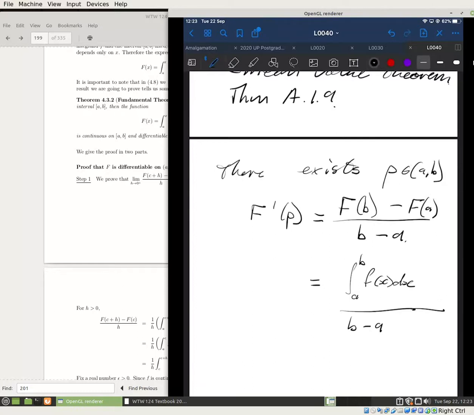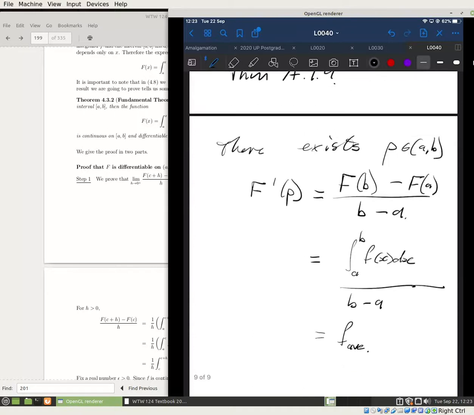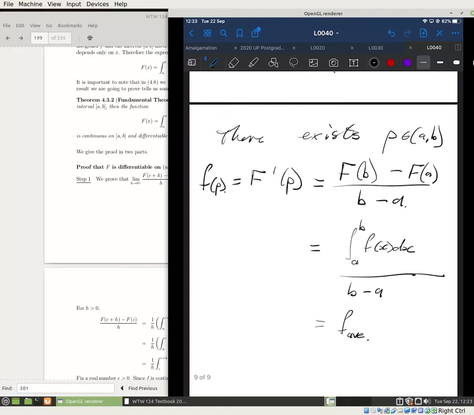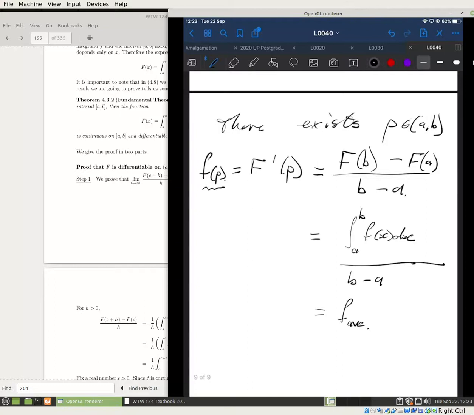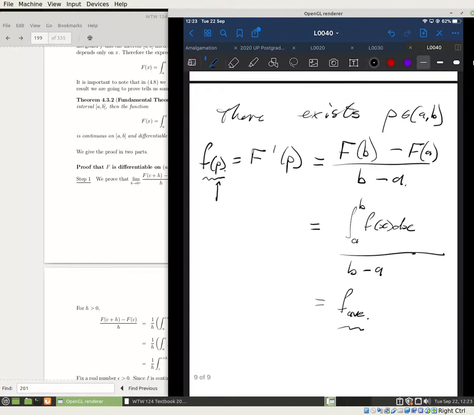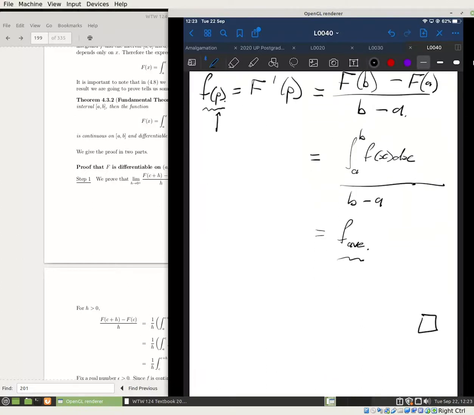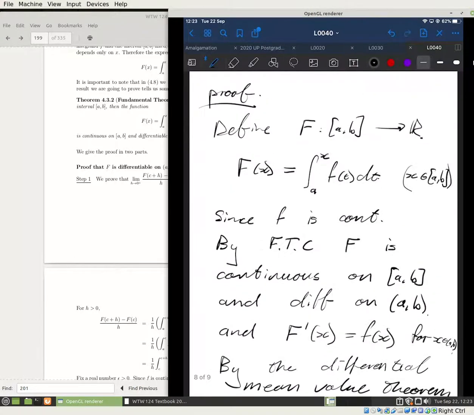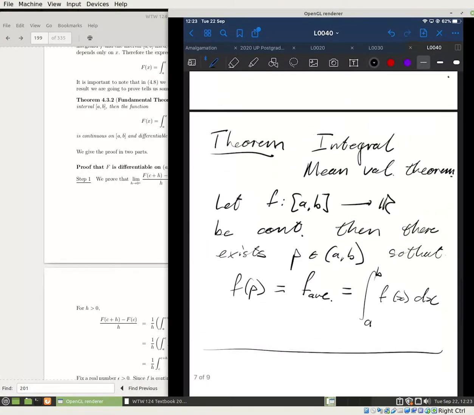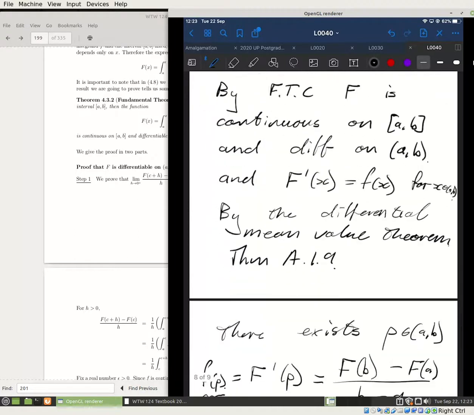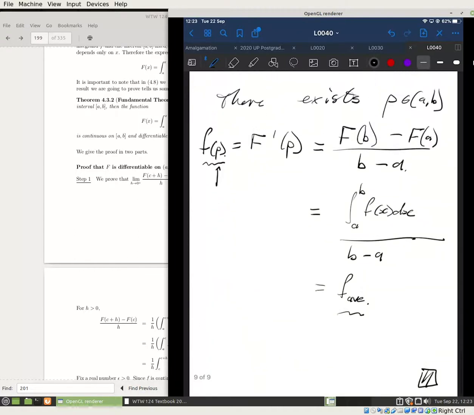So we see this becomes the average value of f, but what is the derivative of big F? That is just little f. So here we see there exists a p, so that the function value of little f is equal to the average value of little f on the interval AB. And that is exactly what we set out to prove. Okay, I will see you in the next one.